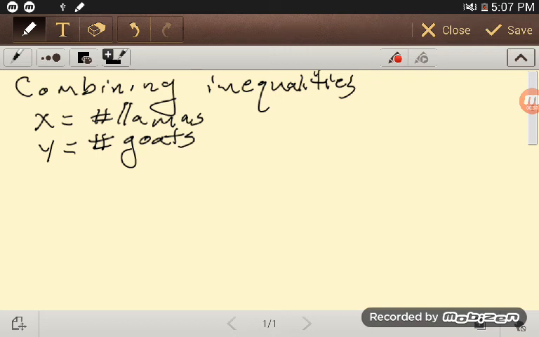Well, it could be that what we know is that we only can afford to feed at most, something like maybe 5 animals, and so we can feed at most 5 animals.